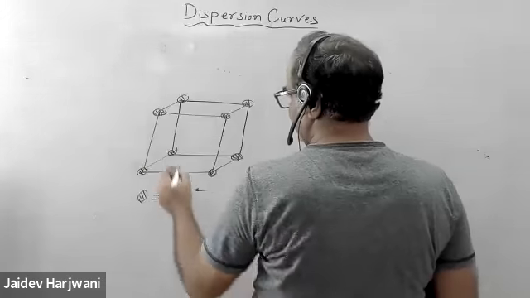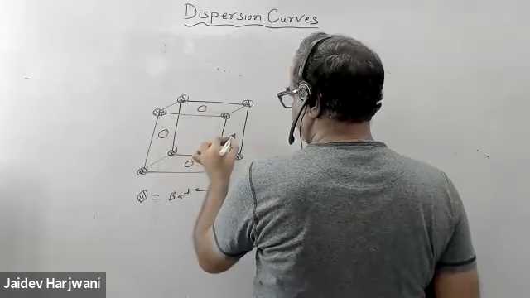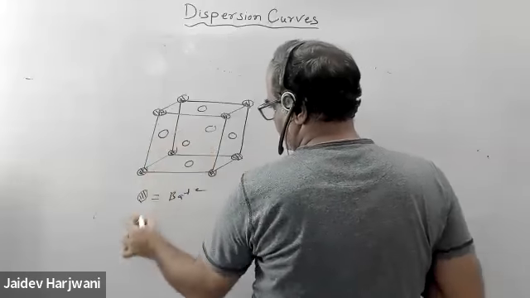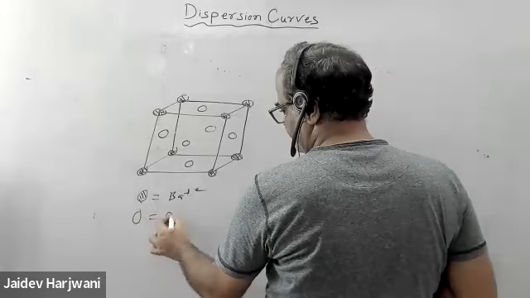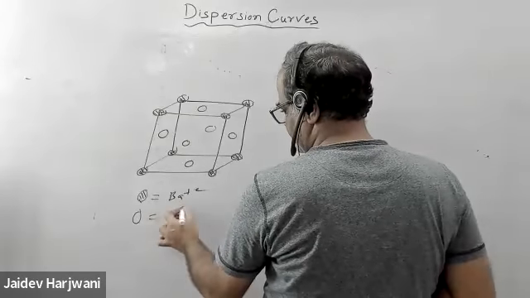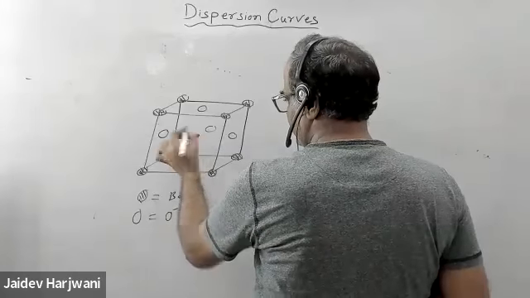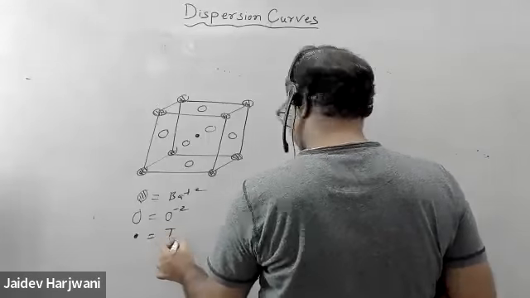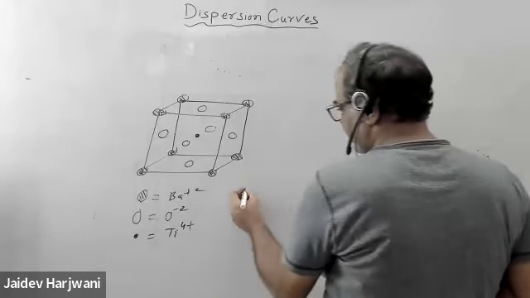Then the atoms at the face are oxygen atoms, and at the center we have one more titanium atom, Ti4 plus. So this is the barium titanate unit cell.